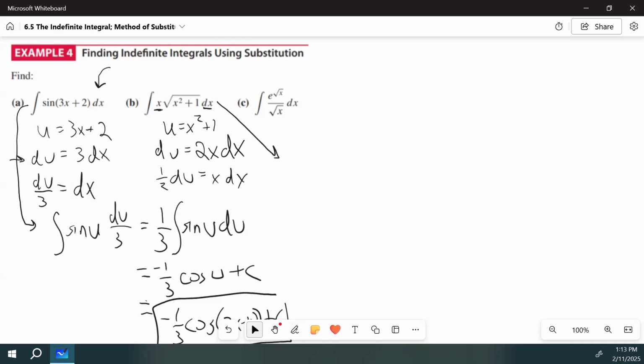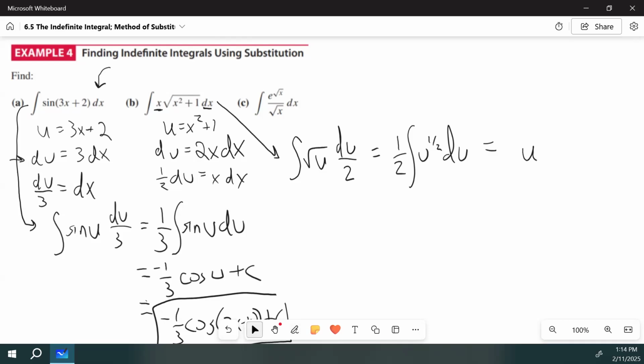So the integral is going to become the integral of square root u du over 2, which we can rearrange and rewrite as 1/2 times the integral of u to the 1/2 du. I essentially factored out the 1/2 and rewrote the square root as an exponent of 1/2.